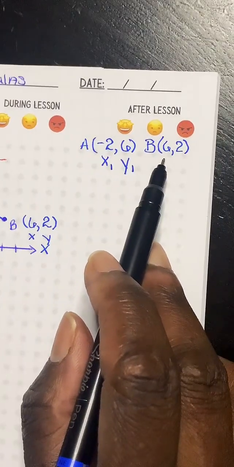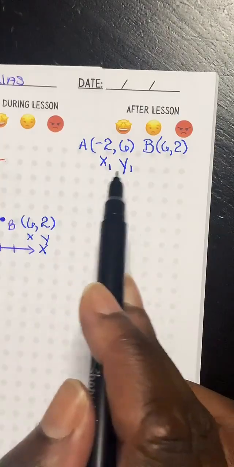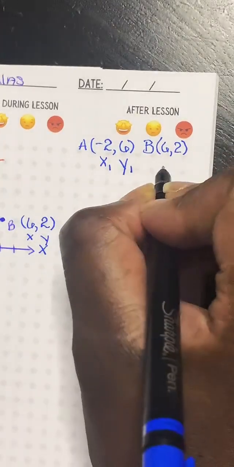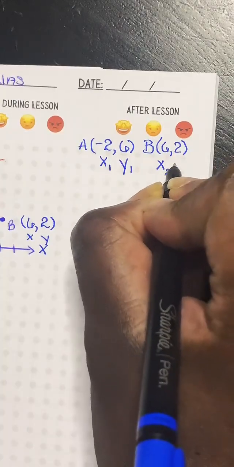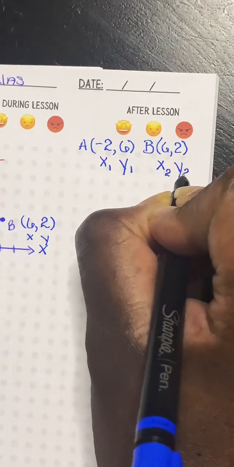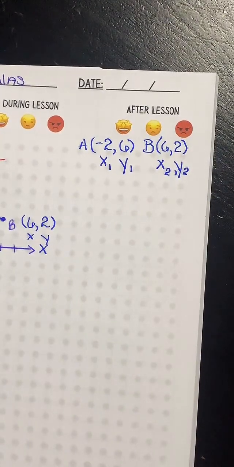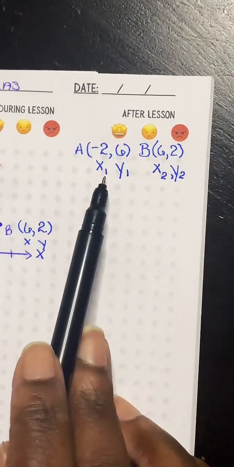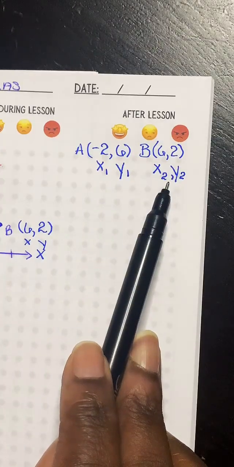Now I'm going to go to point B. So if the subscript for point A is 1, what do you think the subscript of point B is going to be? It's going to be our 2's. Okay, it will be our 2's.